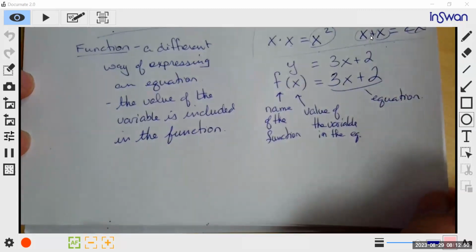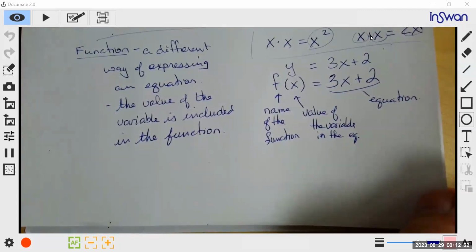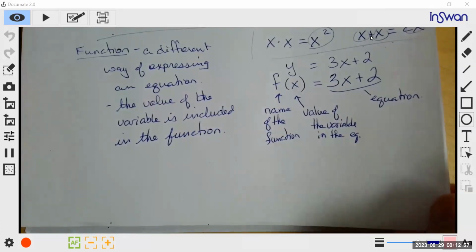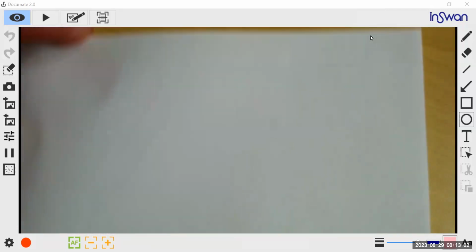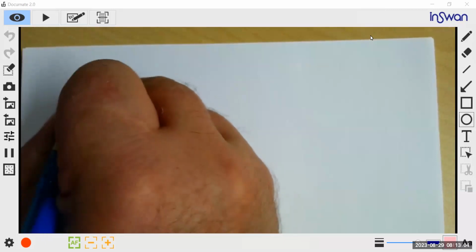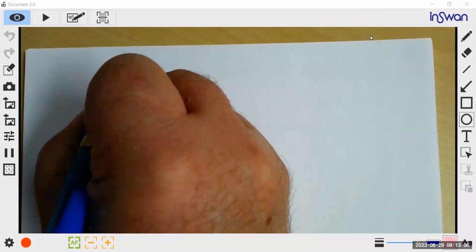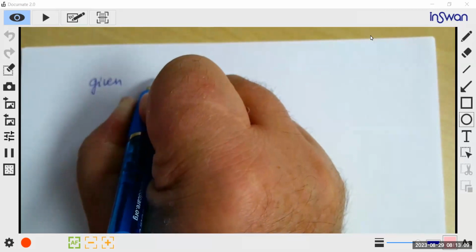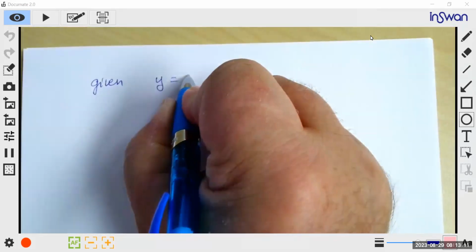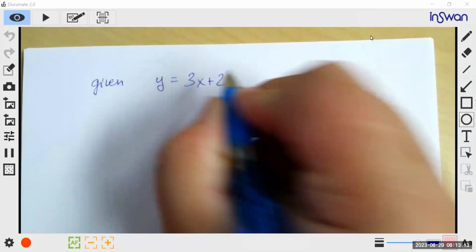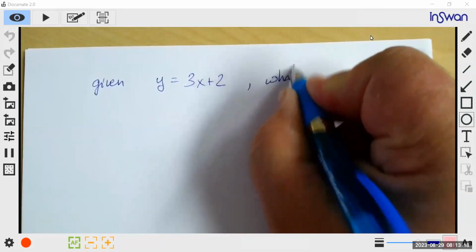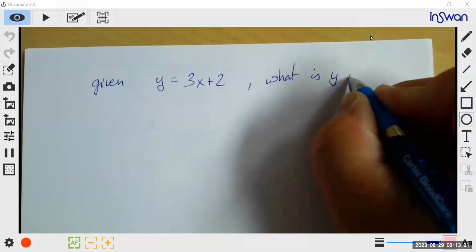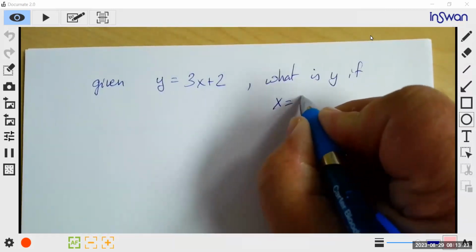Let me show you. Here are examples. Given y equals 3x plus 2, what is y if x equals 2?